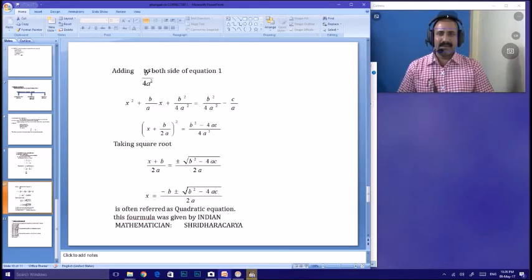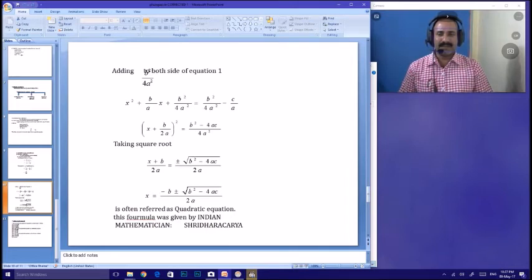Now, adding b square upon 4a square to both sides of equation number first, we get x square plus b upon a into x plus b square upon 4a square equals to b square upon 4a square minus c upon a.